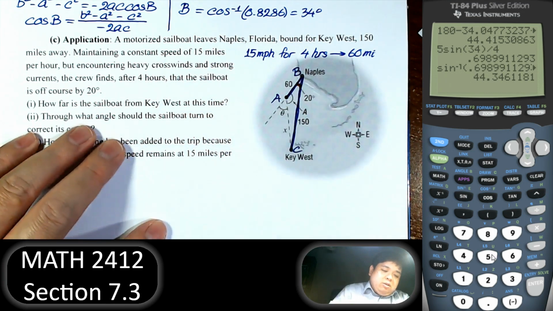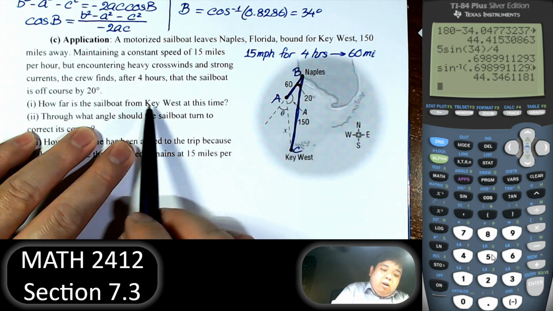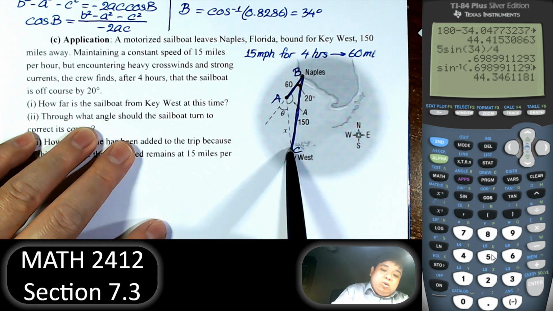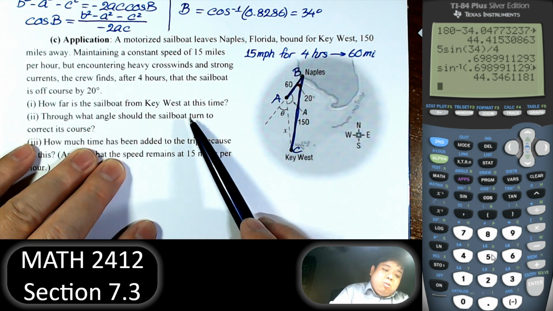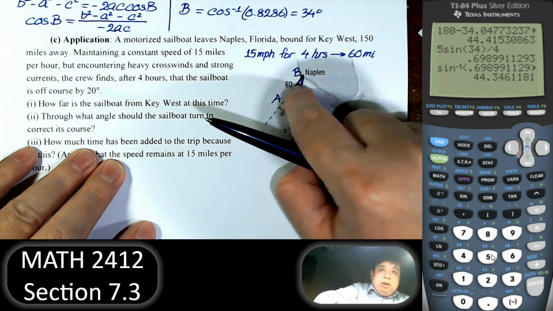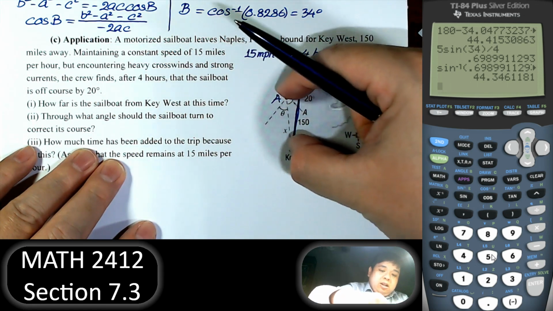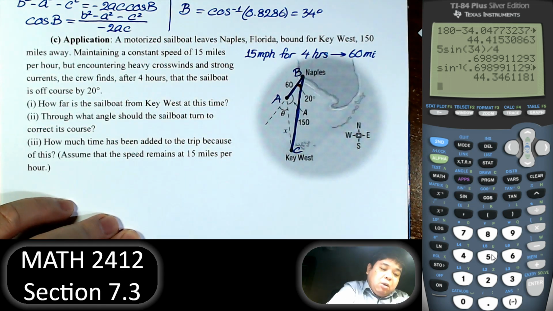Now, the first question is, how far is the sailboat from Key West at that time? So from A to C, what is that? Next, through what angle should the sailboat turn to correct the course? So if it just keeps going, it will be in that direction, but it has to turn and go in the direction to C. And how much time is added to the trip because of this?